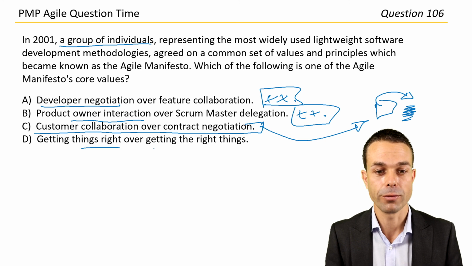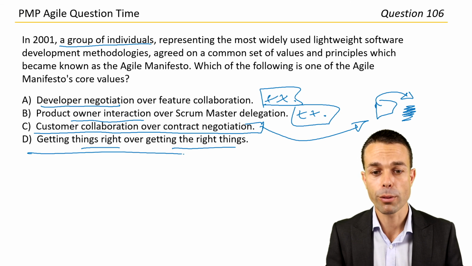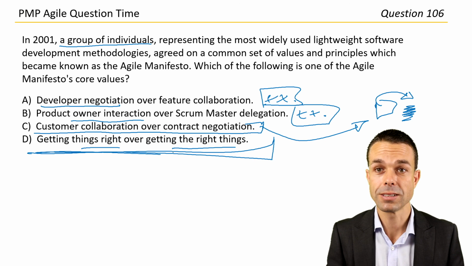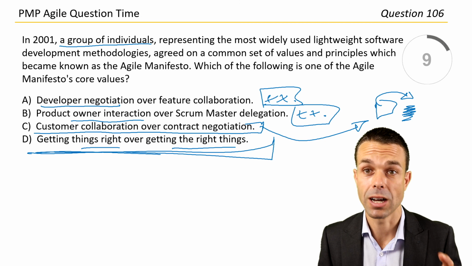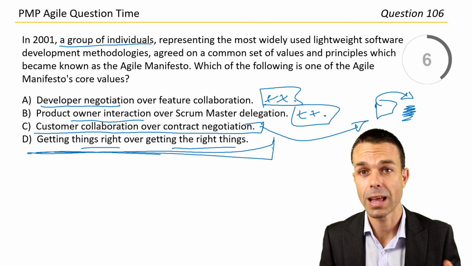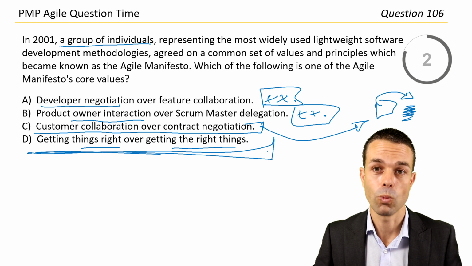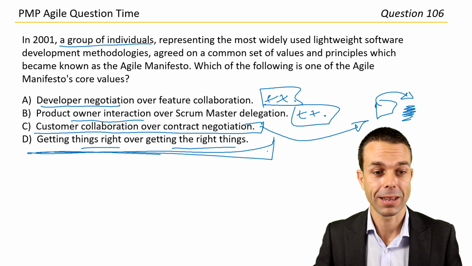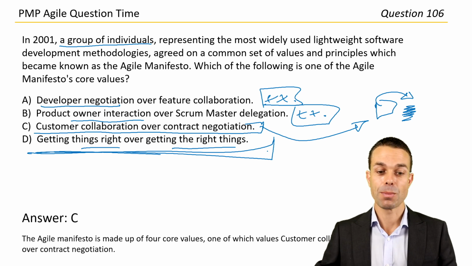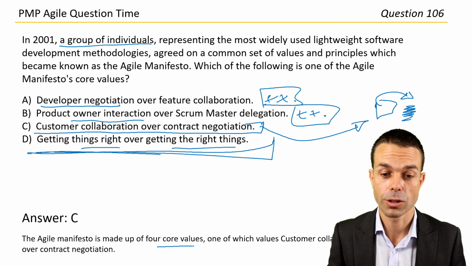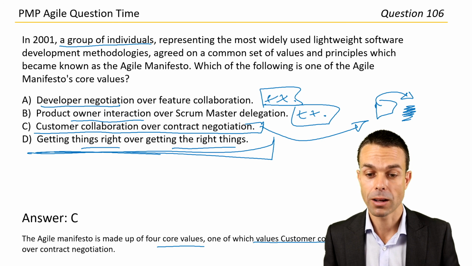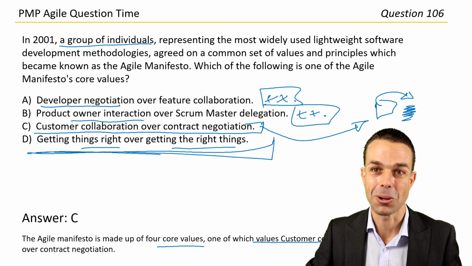Getting things right over getting the right things. Both of these are important, and sometimes we need to adjust, and that's the point. We want to collaborate instead of locking things down, and we want to change where we need to and where we can. Let's go with answer C. The Agile Manifesto is made up of 4 core values, one of which is customer collaboration over contract negotiation.